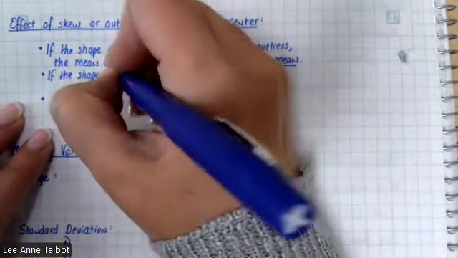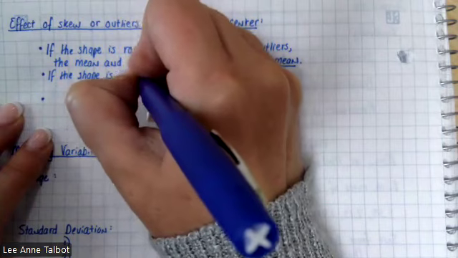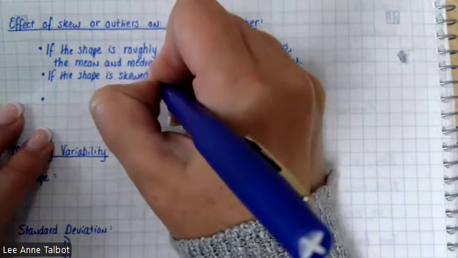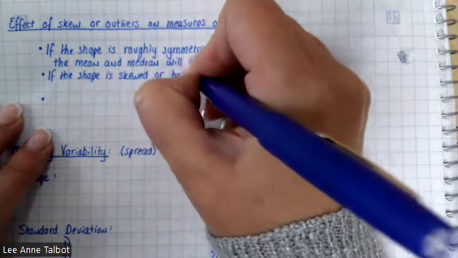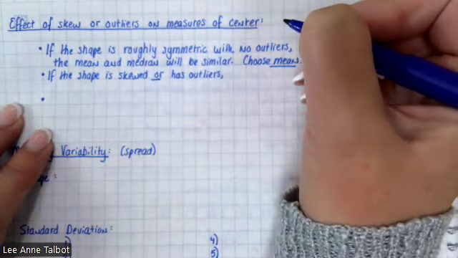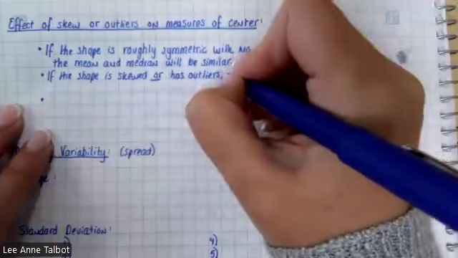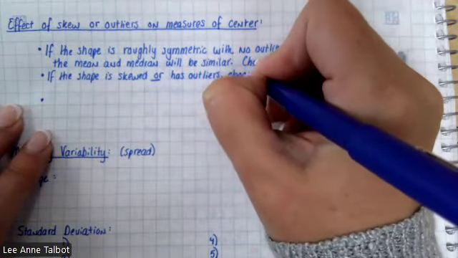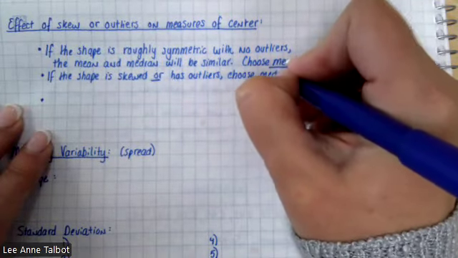If the shape is skewed or has outliers, choose median.